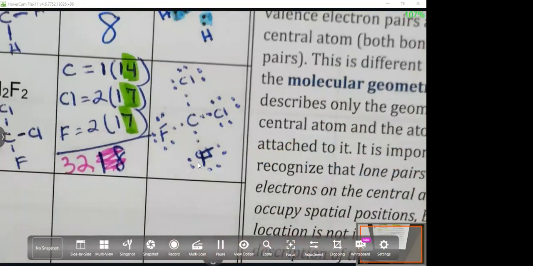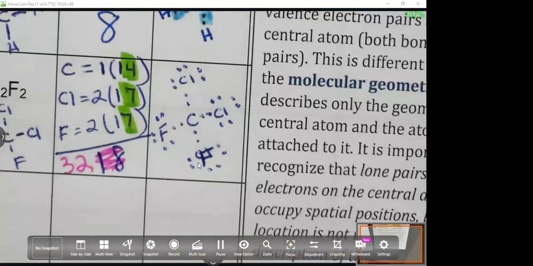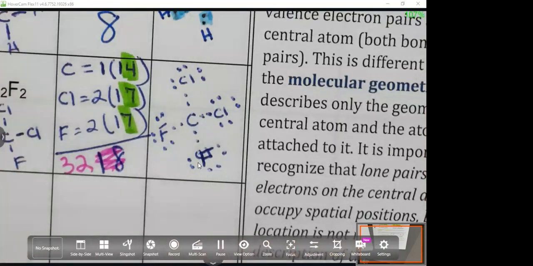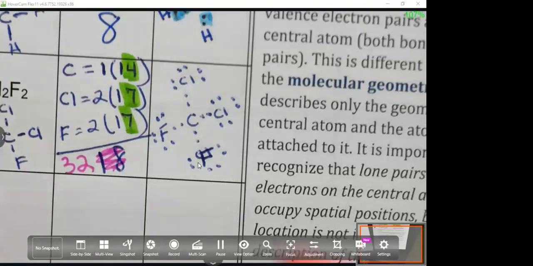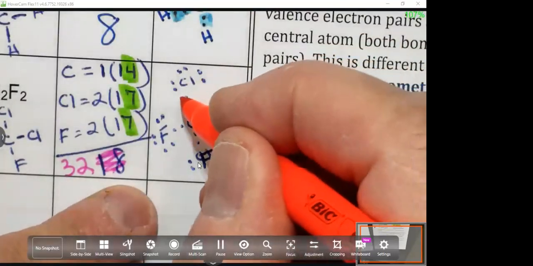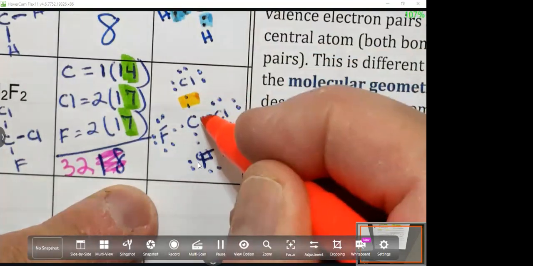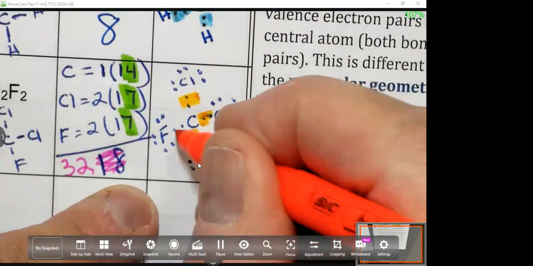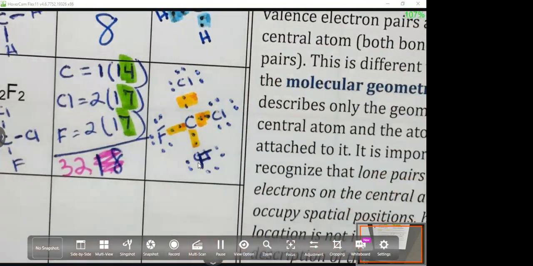At this point, how many total electrons do I have? 32. Everybody's happy as sugar pie. Carbon has a total of how many electrons? Carbon has 8 in the middle, correct?